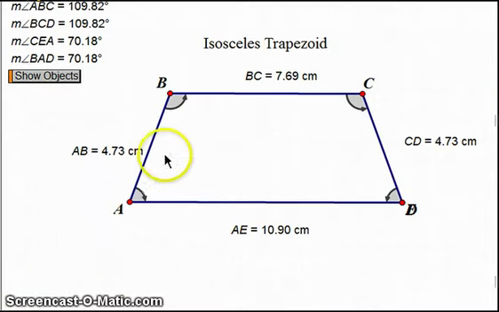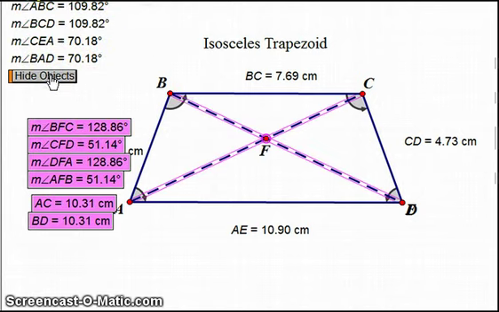But in an isosceles trapezoid, only one pair of sides is parallel, one pair of sides is congruent, and we have two pairs of base angles that are congruent. Let's take a look at the diagonals.